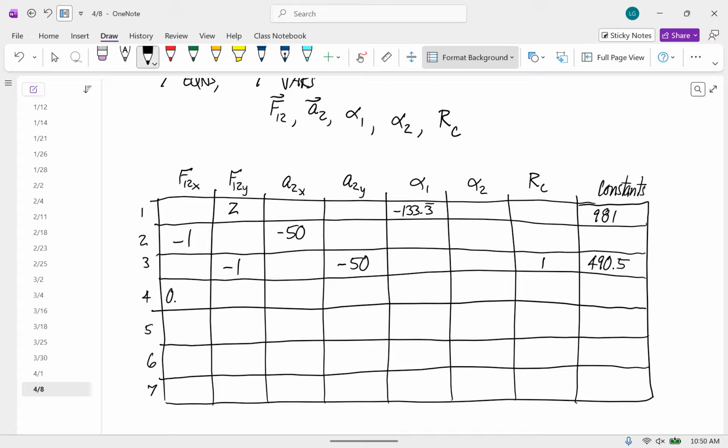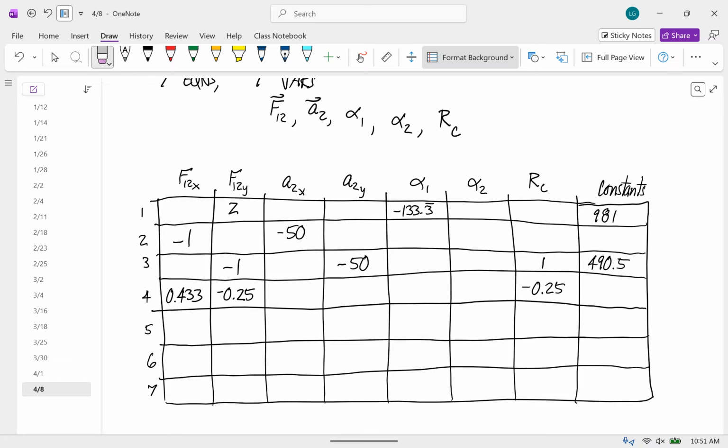Zero, 0.433. Okay. 0.25. Okay. Yep. And then RC is 0.25 negative. Okay. And then negative 4.16 repeating for alpha 2. Oh, okay.